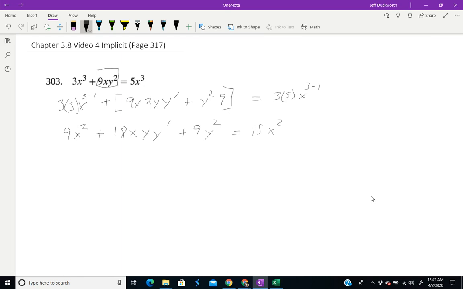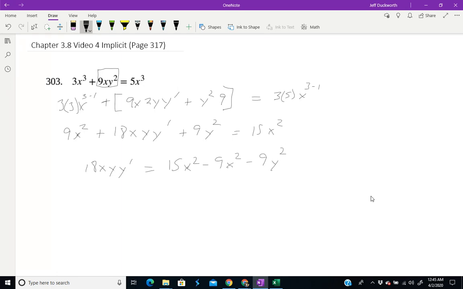All right, so now I'm going to move everything that doesn't have the y prime over to the right-hand side. We've got our 15x squared. Then I'm going to subtract the other two things, so subtract 9x squared and subtract 9y squared. And now we divide by everything that's in front of the y prime on the left.